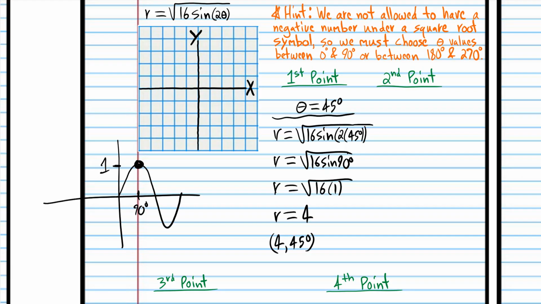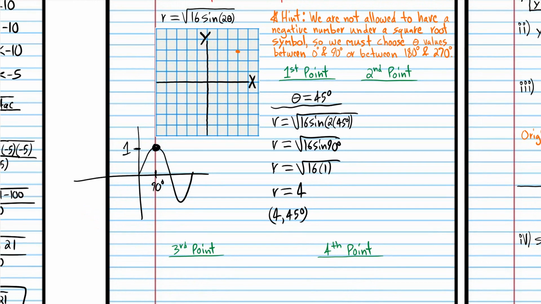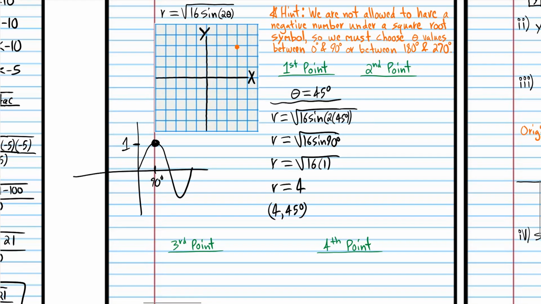What that means is we're going to count out 4 units on the x-axis, and then we're going to rotate 45 degrees. So that's going to be somewhere around there, somewhere up here. Doesn't have to be an exact location. You don't have to use a protractor or anything.